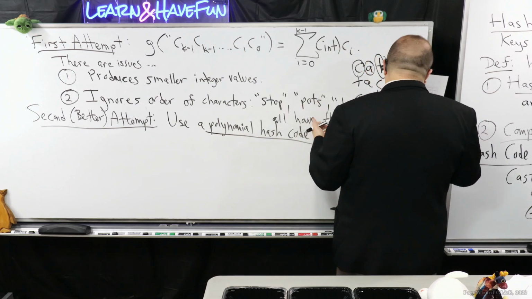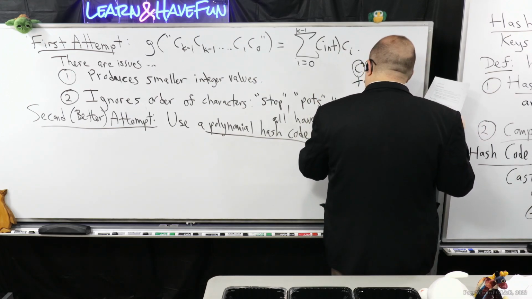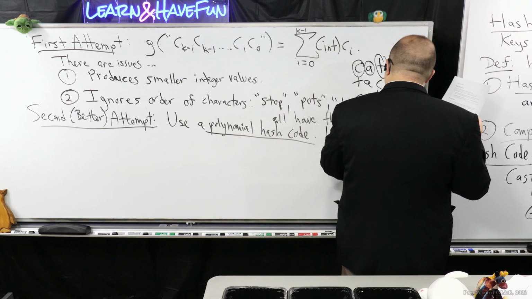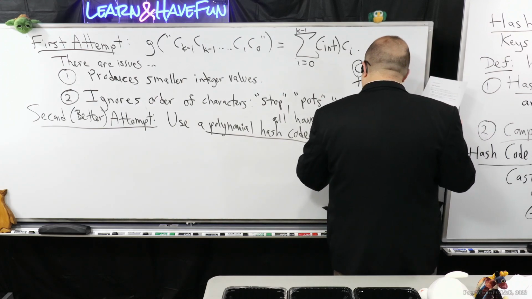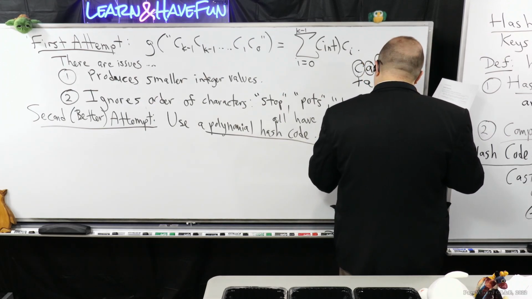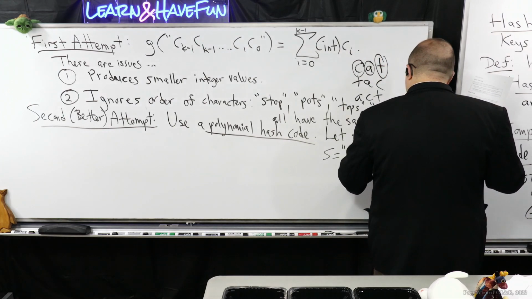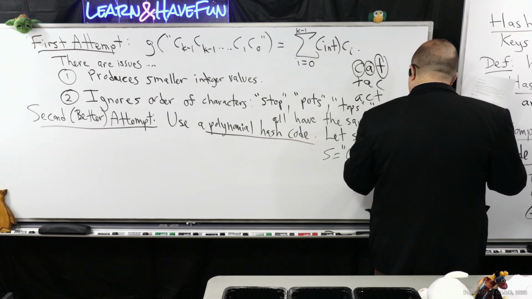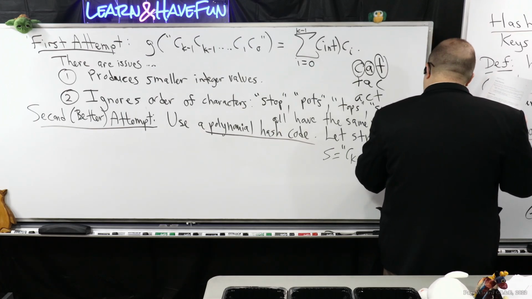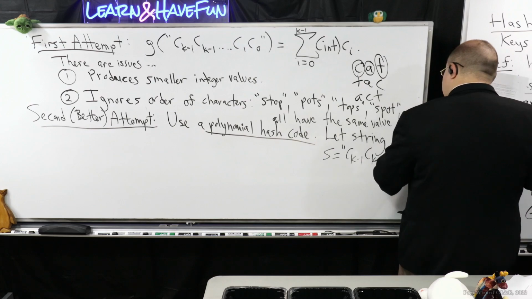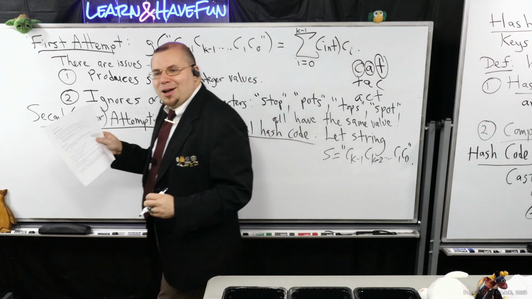So just for the sake of clarity, I'm going to let string s be equal to c sub k minus 1, c sub k minus 2, ..., c1, c0. Notice the indexing is backwards.